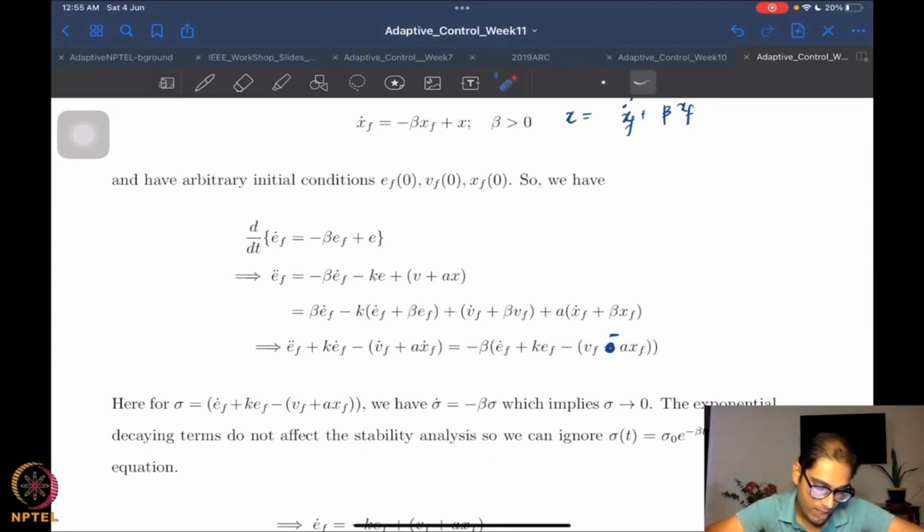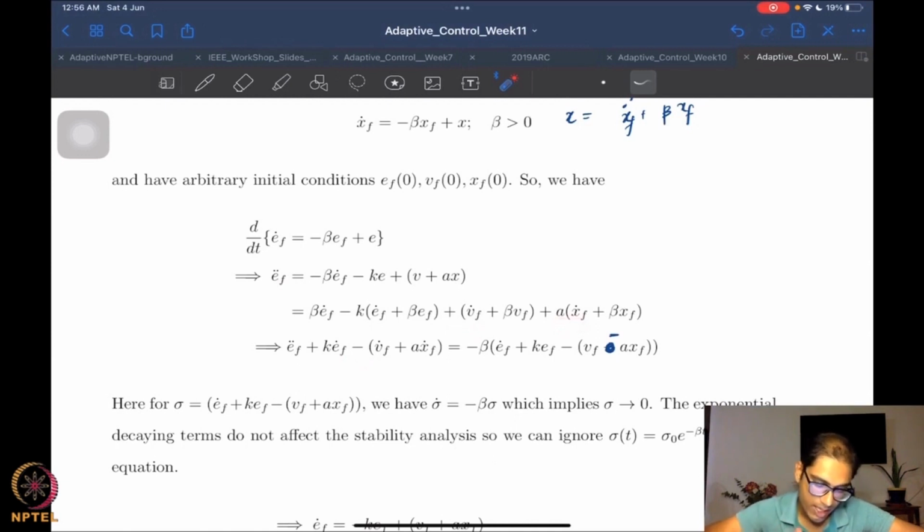So beta EF dot is the same, minus K EF dot plus beta EF plus VF dot plus beta VF plus A XF dot plus beta XF. All this is good. Then what goes to the left side? EF double dot plus KEF dot minus VF dot minus AX dot.